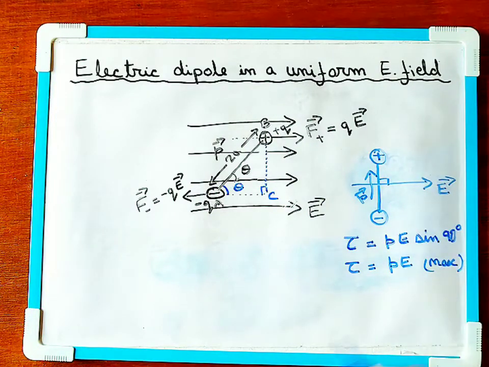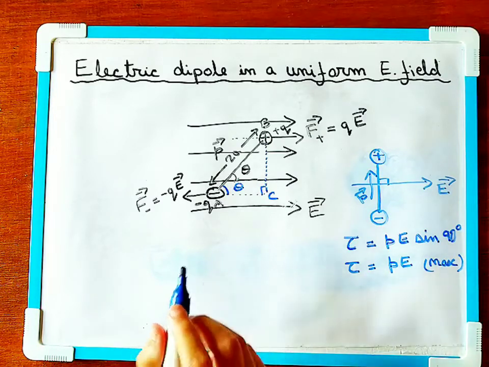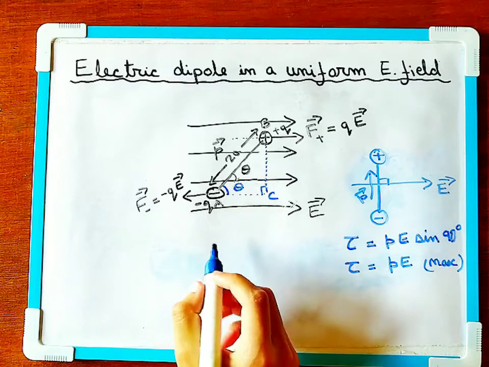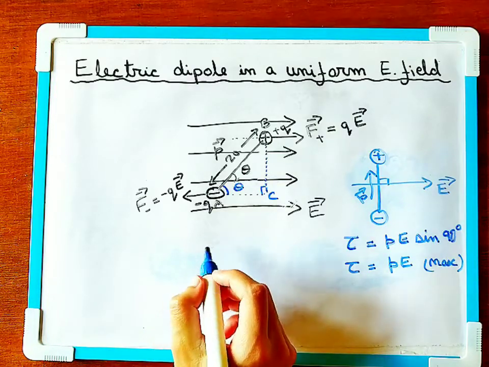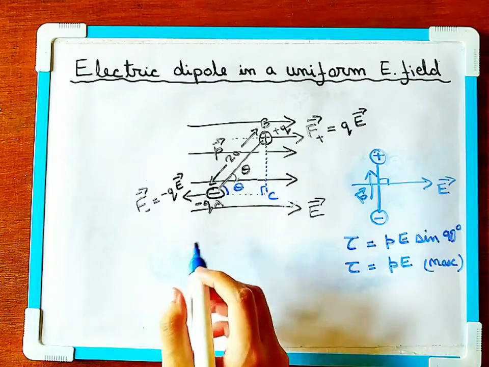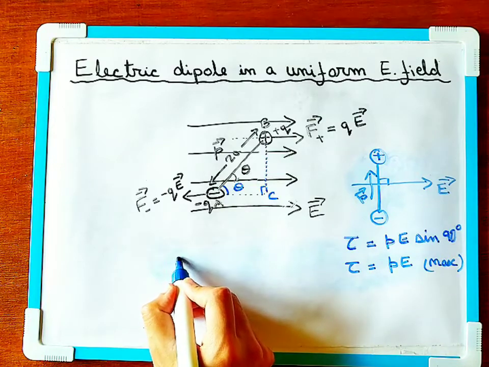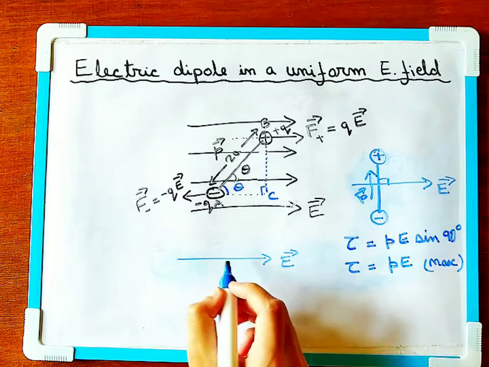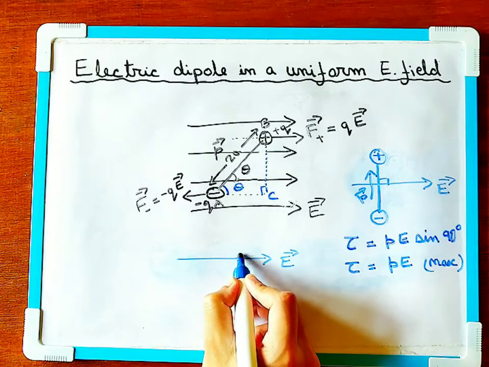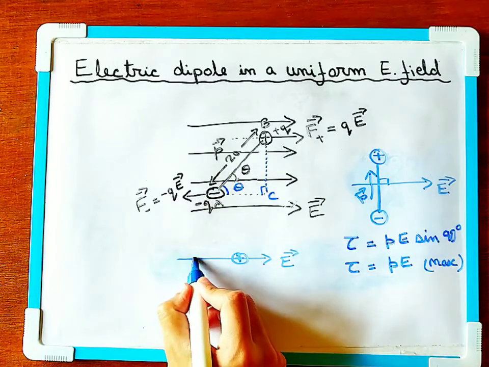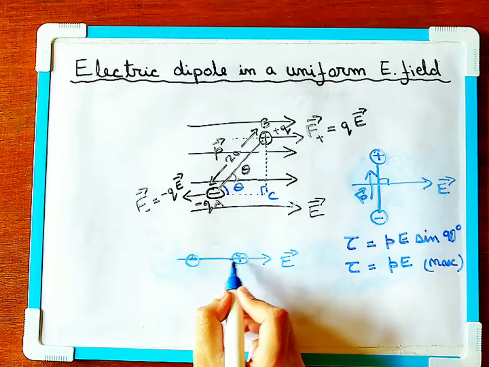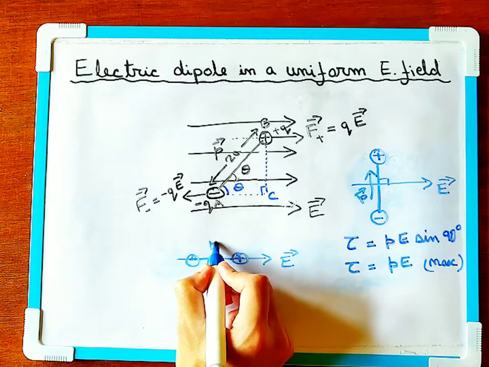Then if we place this electric dipole in this position, this is your E vector. One end is positive and one is negative. So here, this is positive and this is negative, and your P vector will be in this direction.